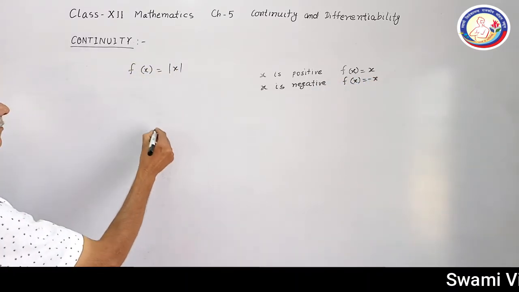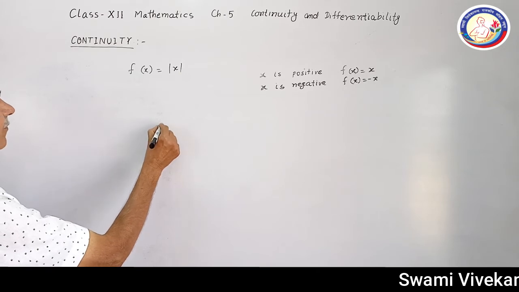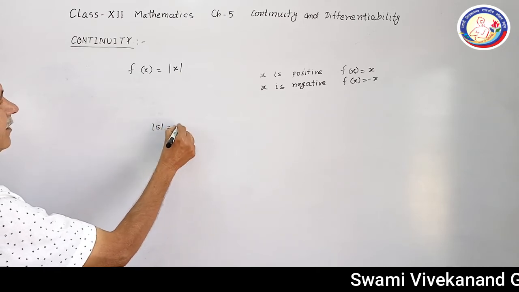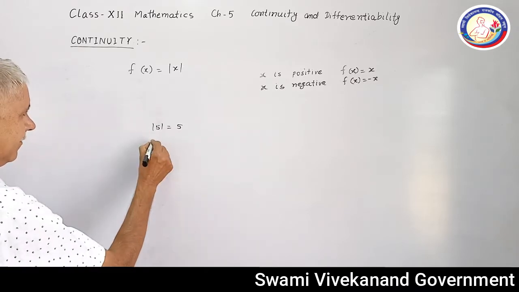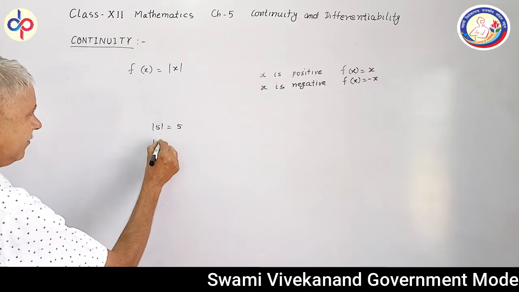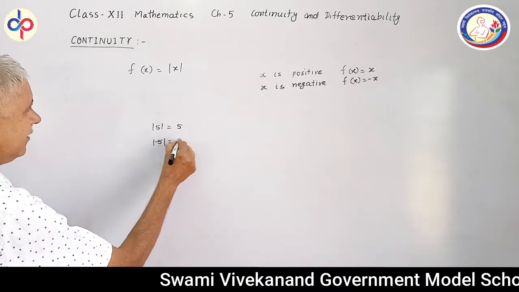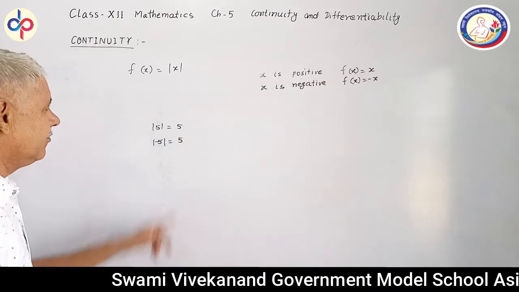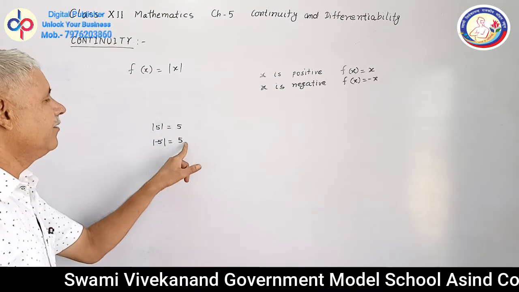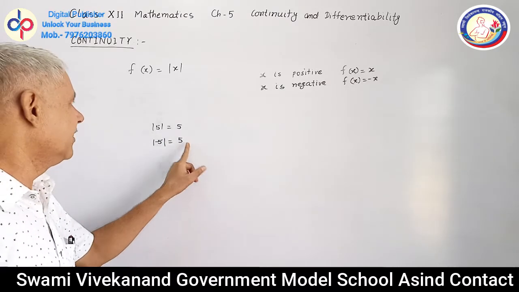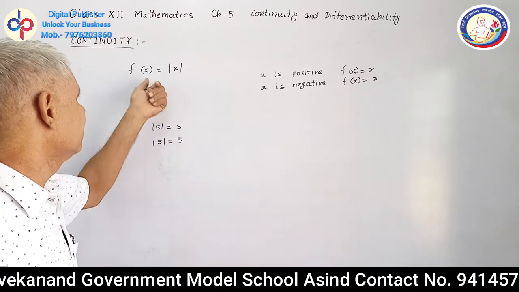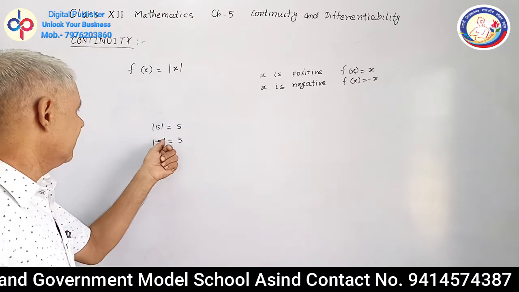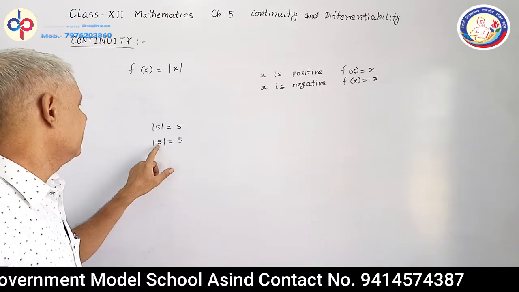Say we want to find the absolute value of 5, that will be 5 because 5 is positive. And the value for minus 5 will also be 5. It is only the numerical value, in simple words, the numerical value of this function without taking the sign into consideration.